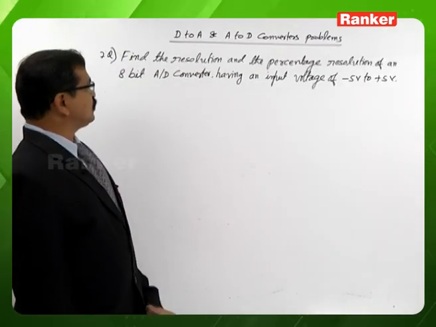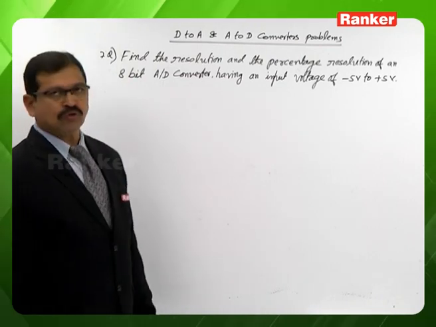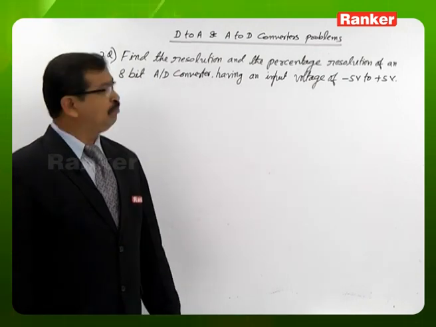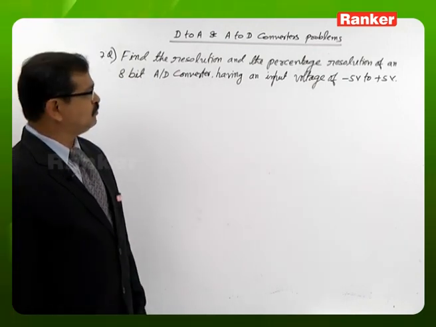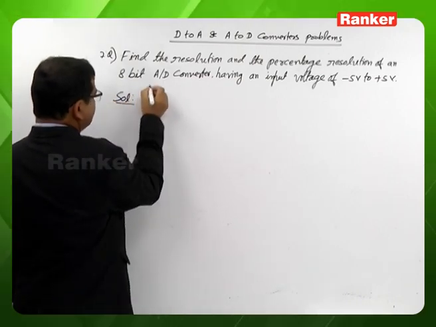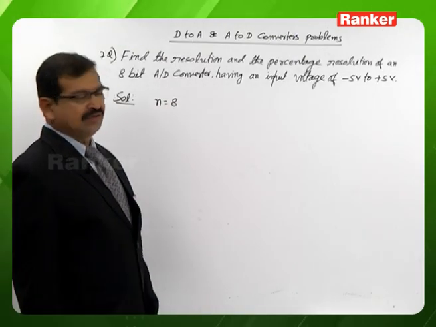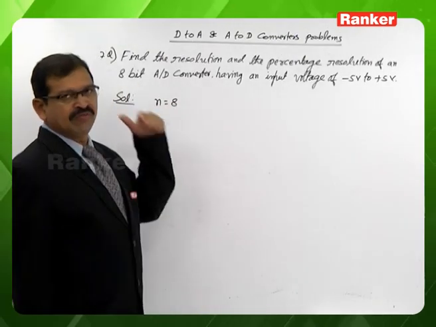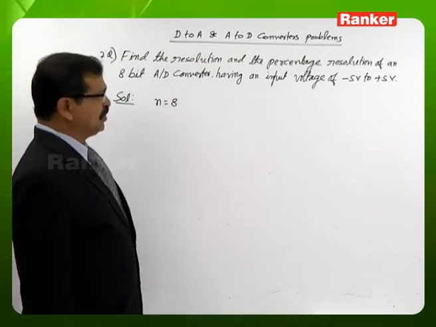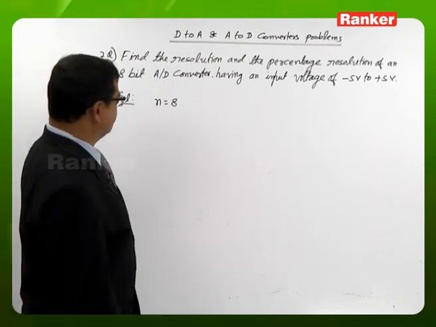Find the resolution and the percentage resolution of an 8-bit analog to digital converter which has an input voltage range of -5 volts to +5 volts. Here, the size of this analog to digital converter is 8, so the digital readout will be with 8 bits, and the input voltage range is -5 volts to +5 volts.